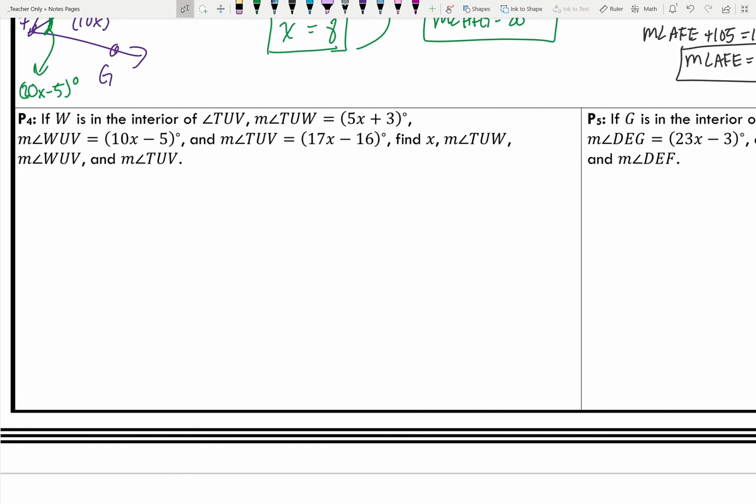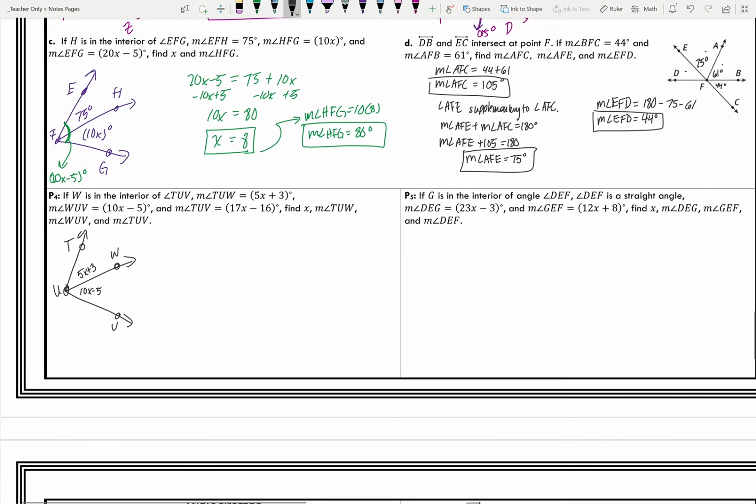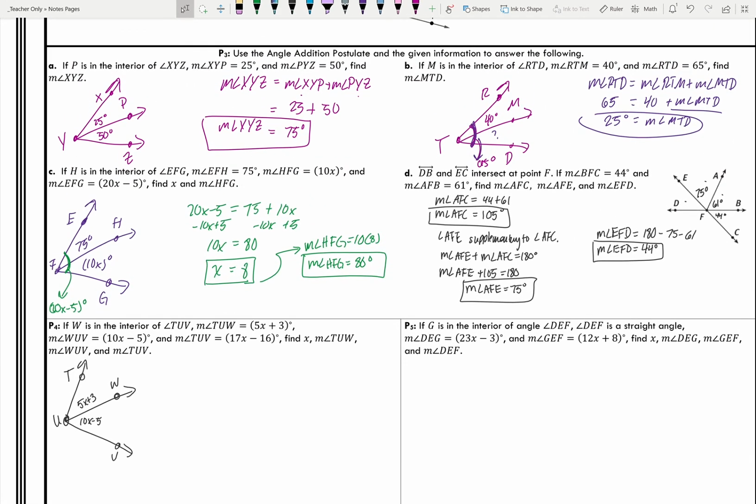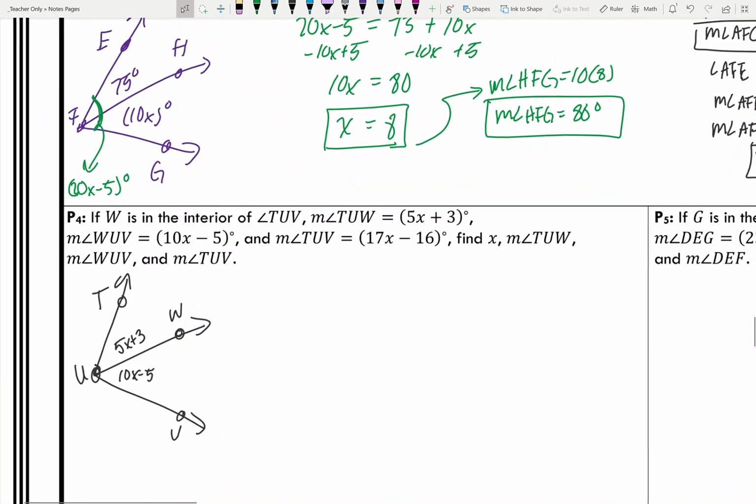We have P4 that says that if W is in the interior of angle TUV, we know that TUW is 5x plus 3, WUV is 10x minus 5, and TUV is just 17x minus 16.